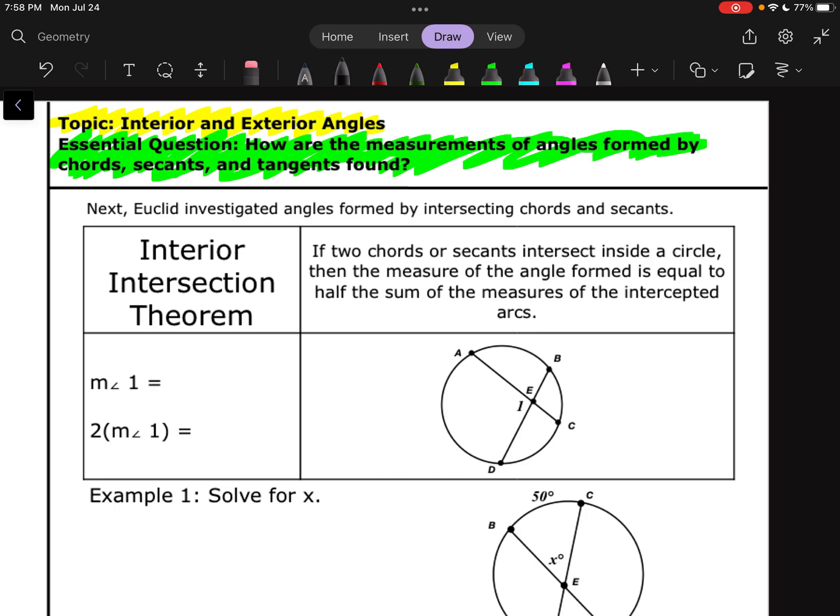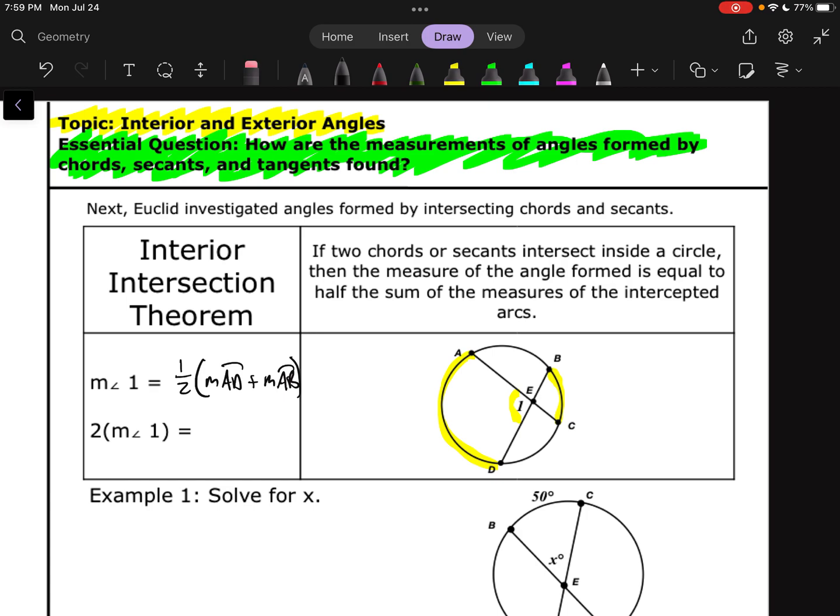So let's look at angle 1 here. Angle 1 should be equal to half the sum of arc AD and arc BC. So that would be 1/2 the sum of the measure of arc AD plus the measure of arc BC.